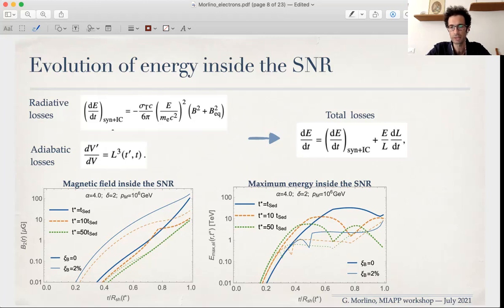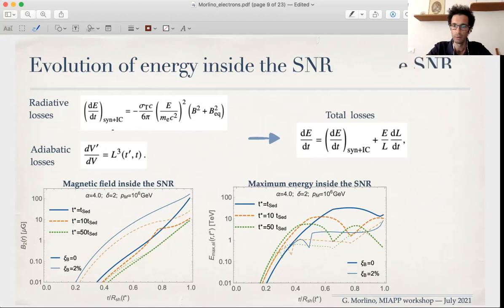This plot is just to show that because adiabatic losses are changing in time, the maximum energy of electrons is not always located close to the shock here, but depending on the evolution phase of the remnant, it can be located even inside. So you see that the behavior of the maximum energy as a function of the radius is not constant.